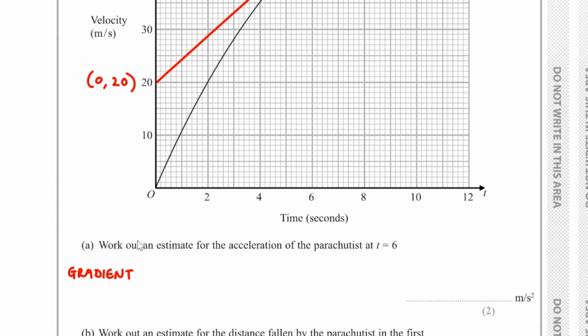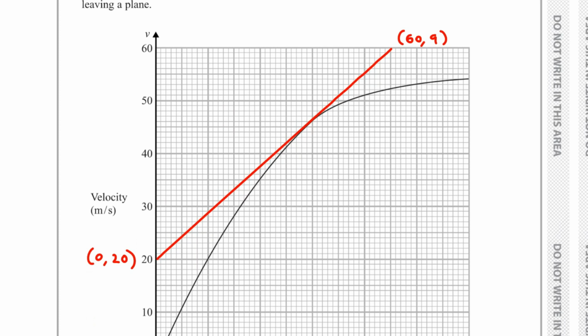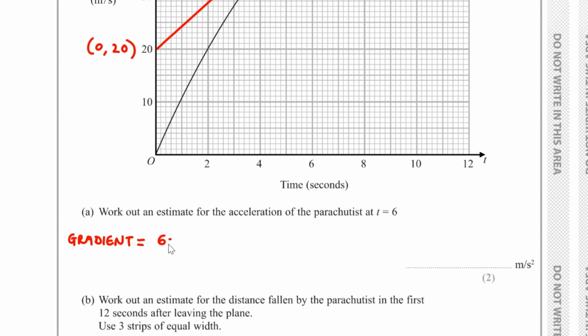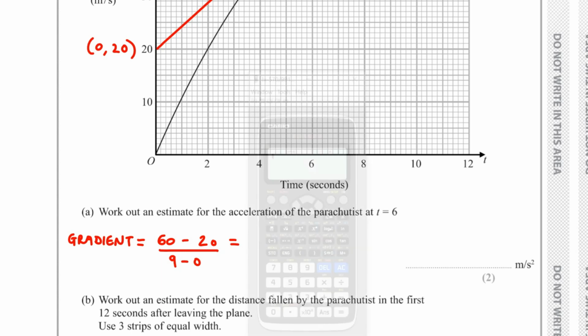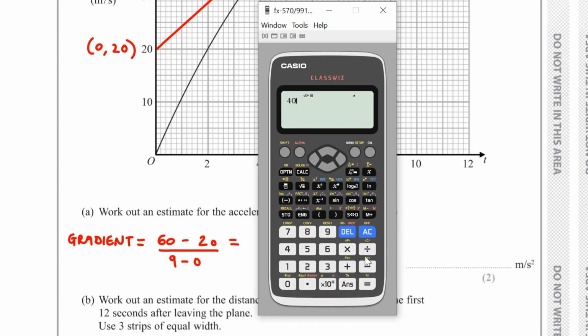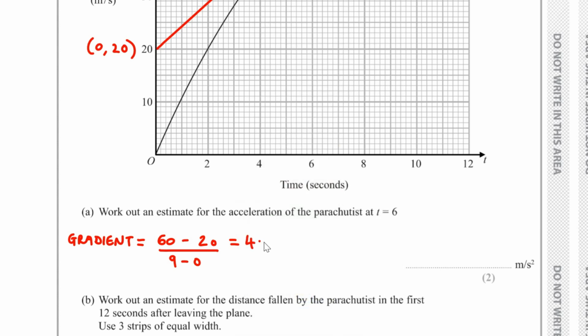So to find the gradient, we've got the change in y, 60 take away 20, over the change in x, 9 take away 0. If we work this out, 40 over 9 is equal to 4.44, etc. So we can conclude that the acceleration is approximately 4.44 meters per second squared.